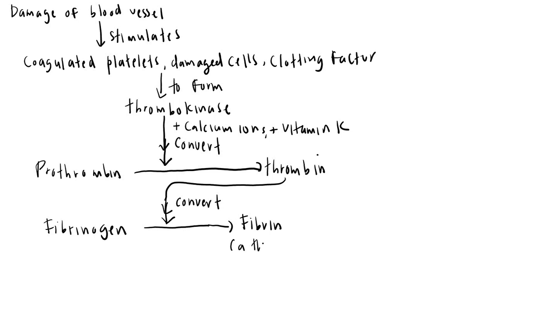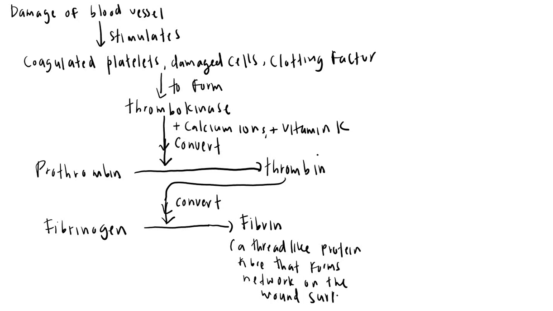Fibrin is a thread-like protein fiber that forms a network on the wound surface. So what happens after that? What happens when the thread-like protein fibers form a network on the wound surface? It will then function to trap erythrocytes and close the wound.